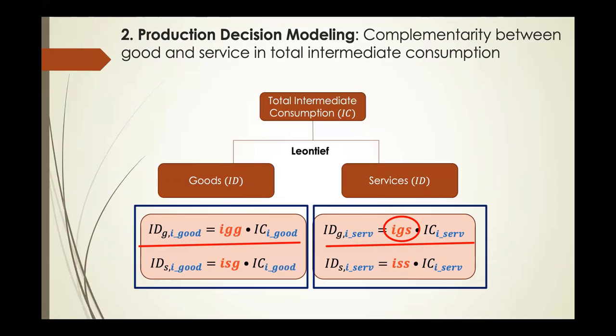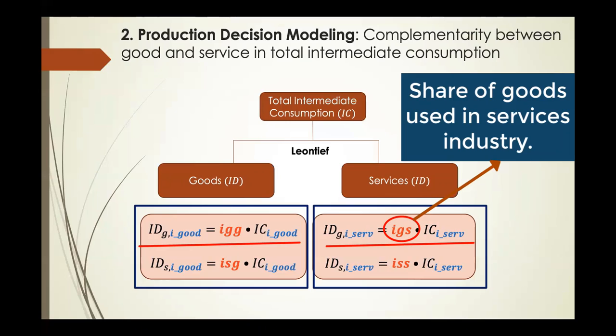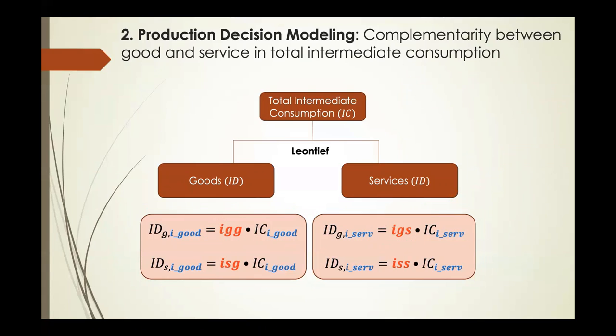I for input, G for goods, good commodities, and S for service industry. And IGG is the equivalent for the good industry. Bottom equations specify the demand for the service input, ID.